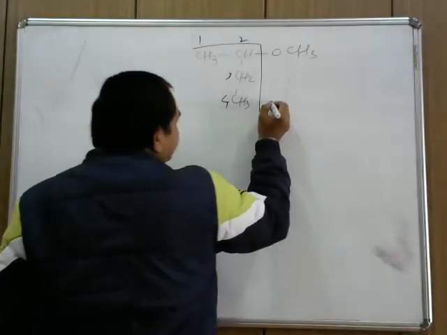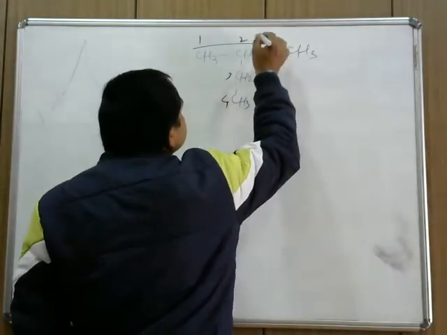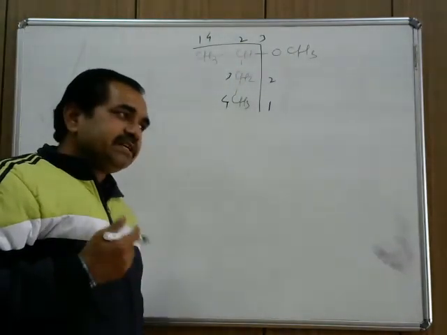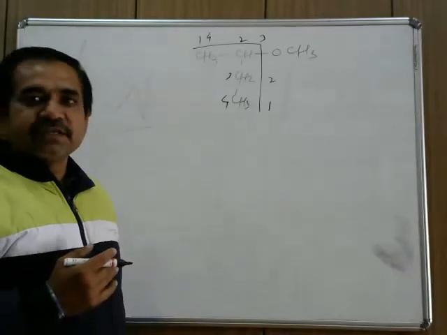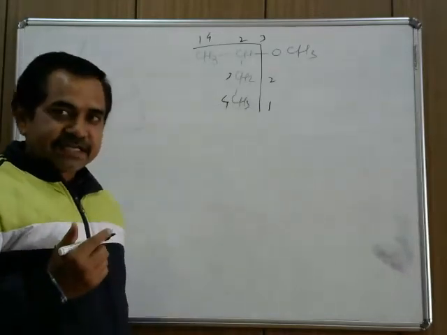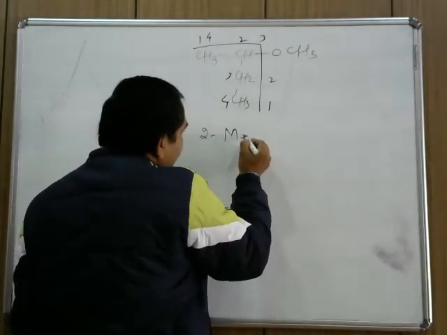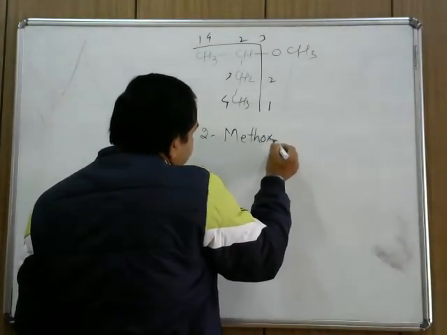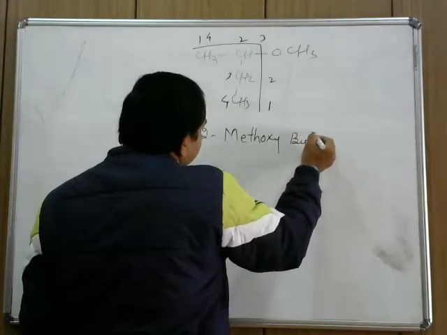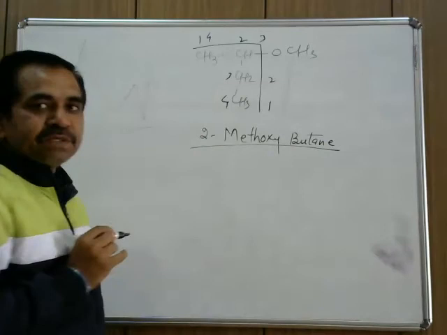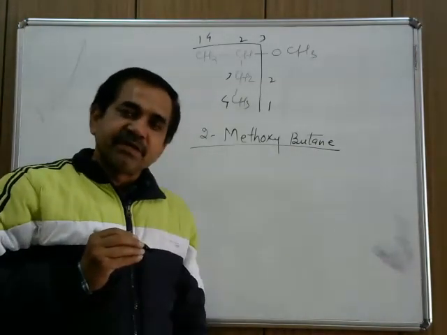But if you number it from this side, this gives third position. So numbering done from right to left is wrong. Numbering done from left to right is correct. And the name is 2-methoxybutane.